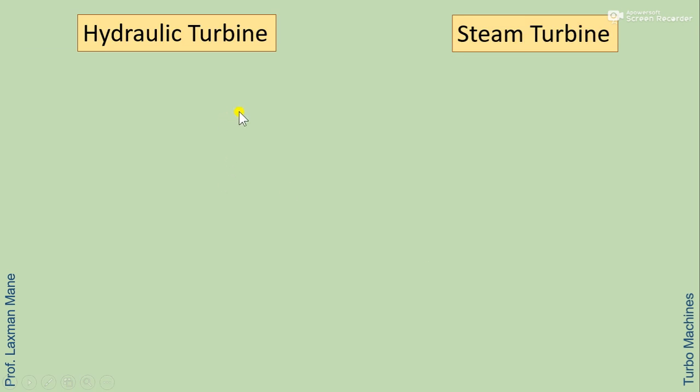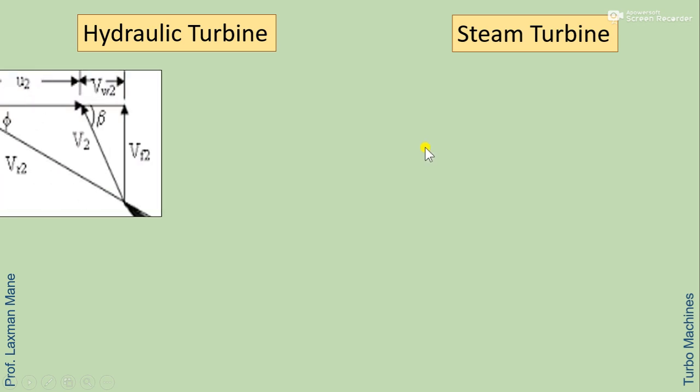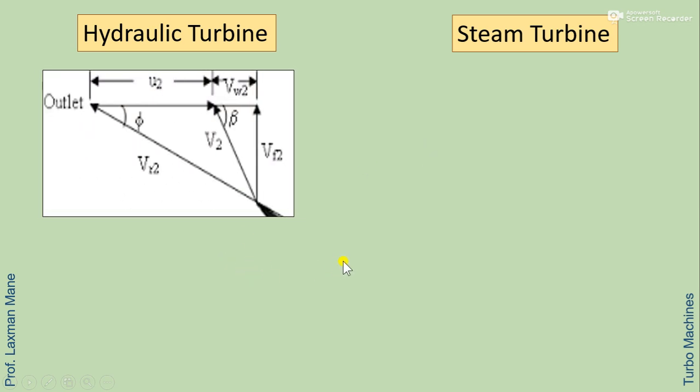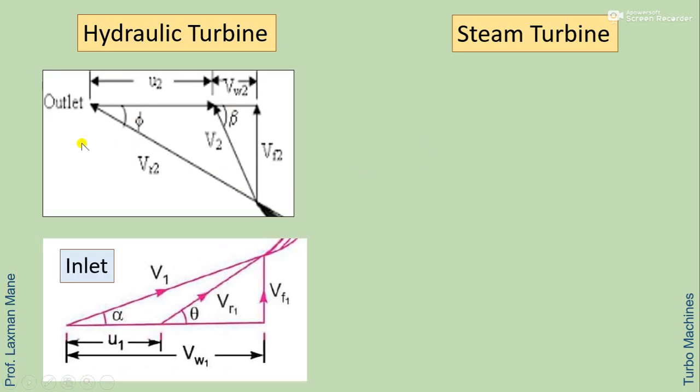Now we will discuss the difference between velocity triangles for hydraulic turbine and steam turbine. These are the velocity triangles for hydraulic turbine, inlet and outlet.